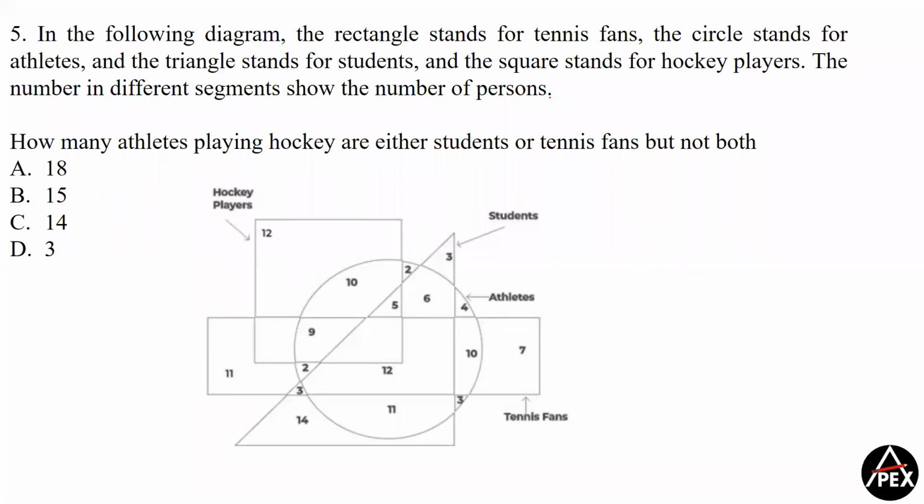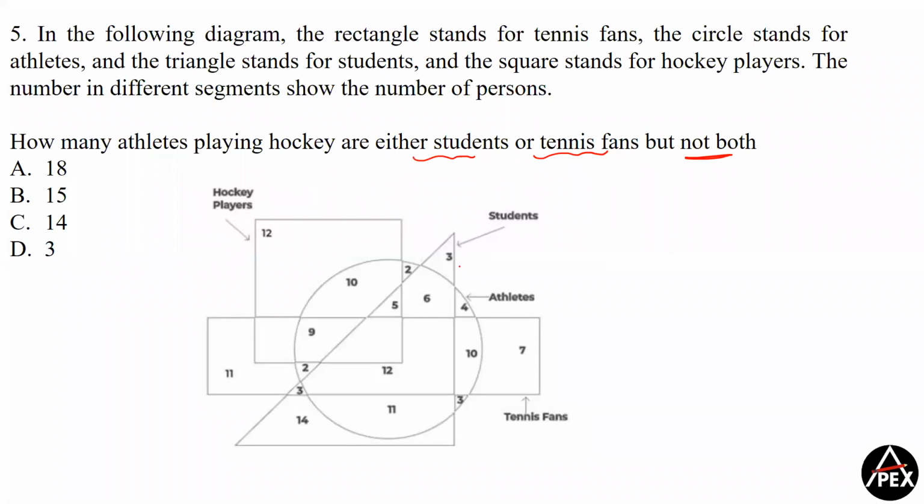Okay, now let's see. In the following diagram, the rectangle stands for tennis fans. It's already mentioned here. So how many athletes playing hockey are either students or tennis fans, but not both? Now let us find the region common to hockey and students.